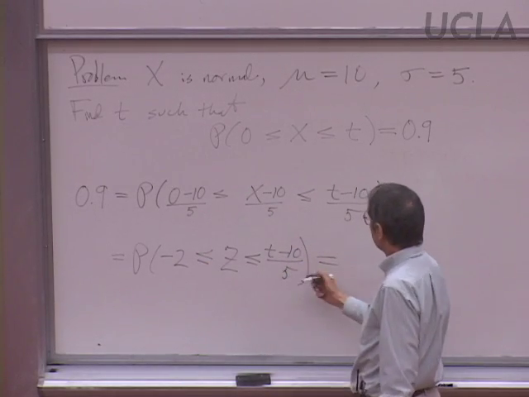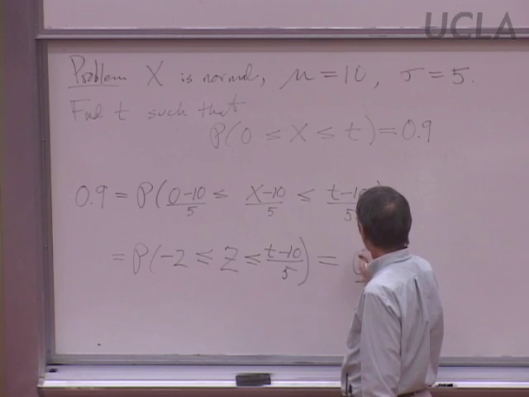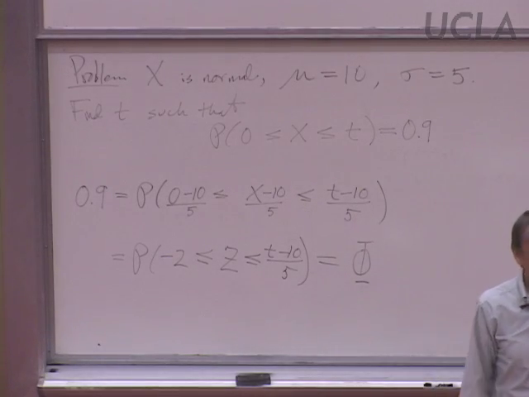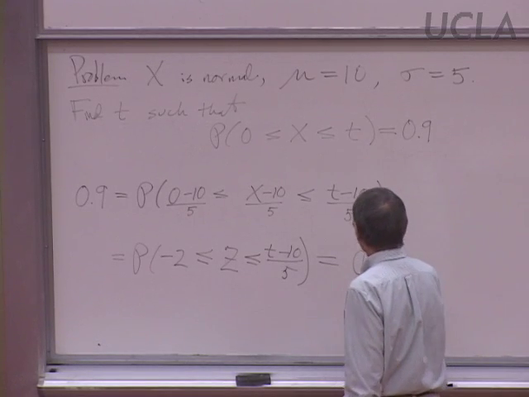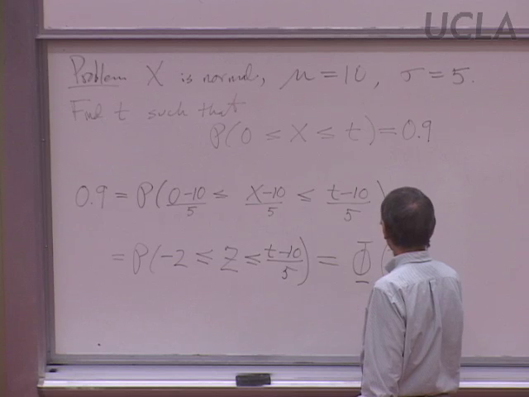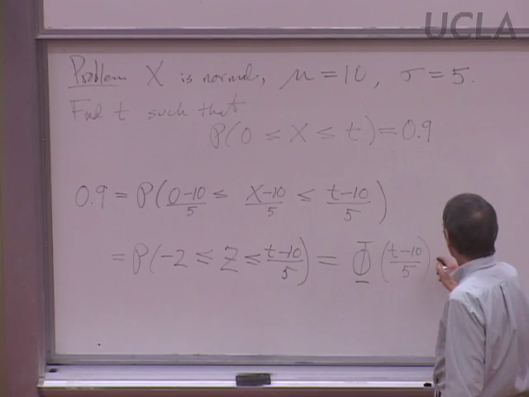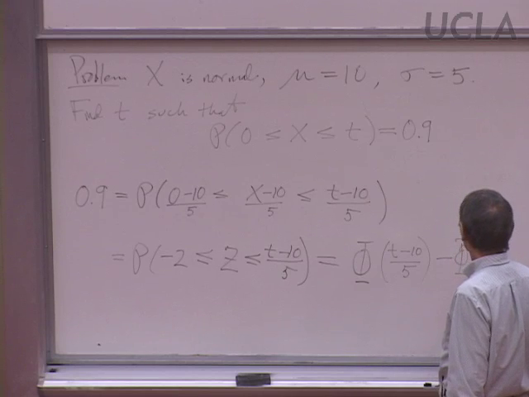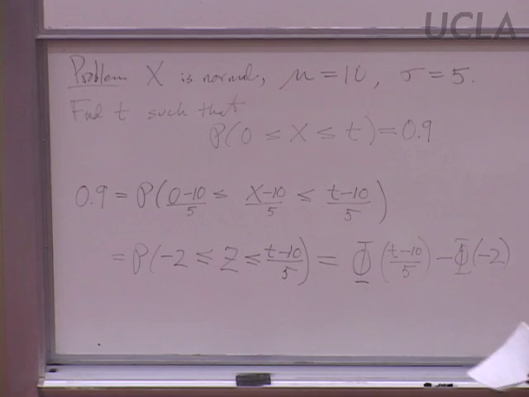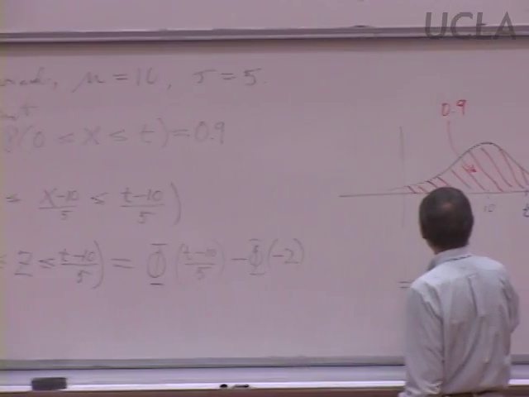So this can be written in terms of the capital phi function. It's phi of t minus 10 over 5, which we don't know what that is yet, minus phi of minus 2. Well, at least phi of minus 2 we can look up in our table. Not directly, but we can look up phi of plus 2, and we know how to convert. So let's update the picture.